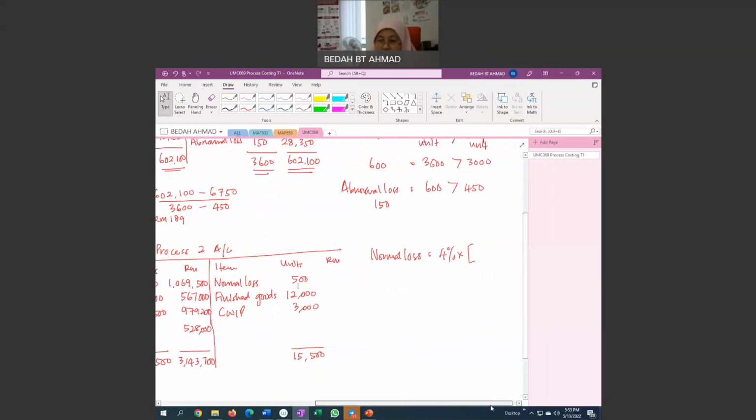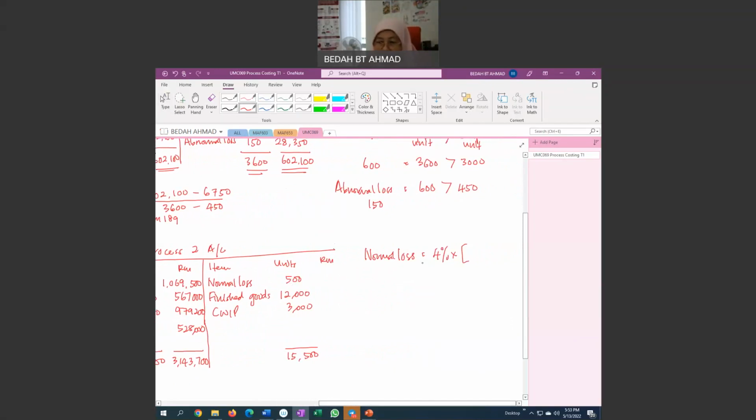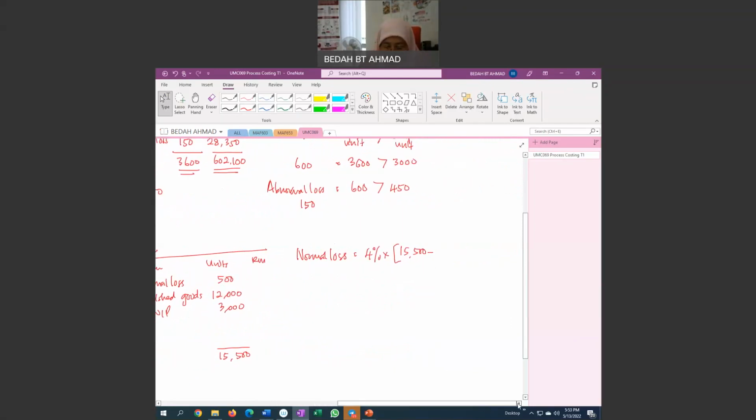But it can be verified through our calculation, which is 15,500 minus the closing work in progress 3,000, multiplied by 4%. So it is 500 units.